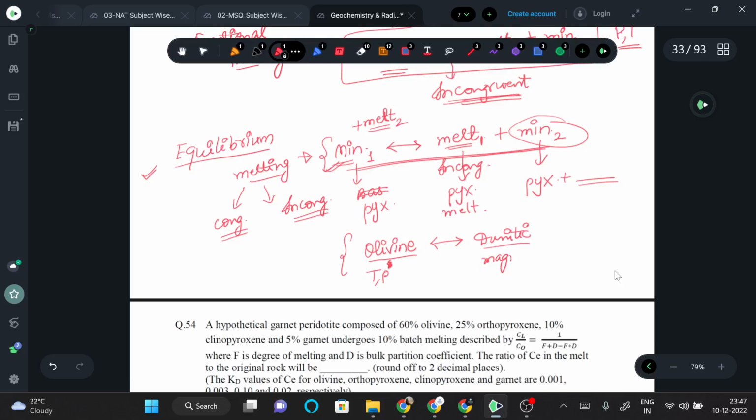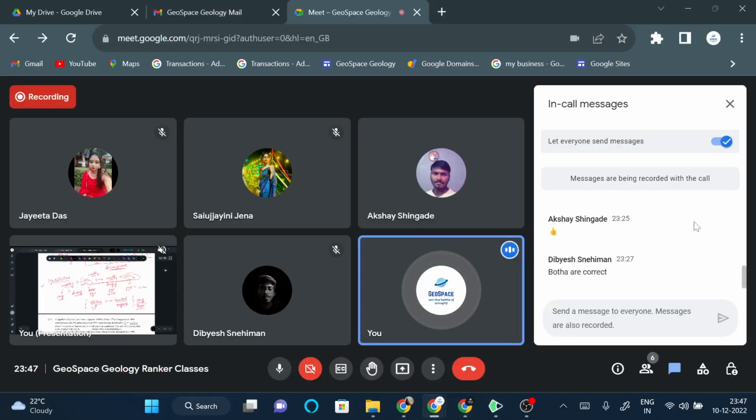You must not have heard of this specific thing, because this is the case of congruent, and that is why I said this is very rare. That is why it is never heard of. Is it clear, Akshay? Both these are different things, but yes, they are related a bit.